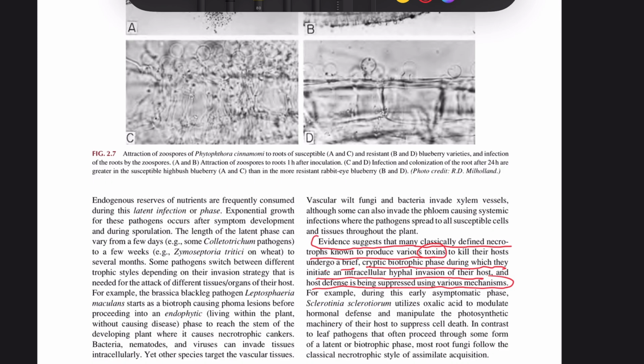Here you will see one example, go through it. Sclerotinia sclerotiorum produces oxalic acid, which is utilized to modulate hormonal defense and manipulate the photosynthetic machinery of the host to suppress cell death. Okay.